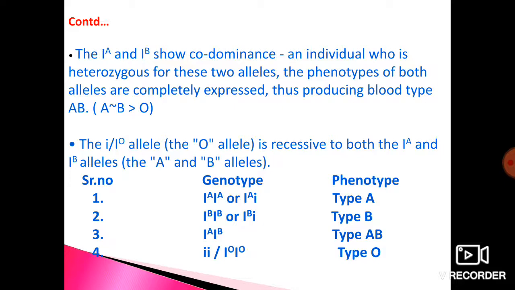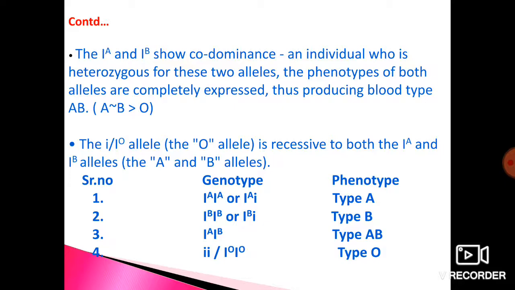But what about the last? The person who has no antigen, that means small i or the I with superscript O, cannot produce any protein on the surface of the red cell, and therefore such persons are said to be of type O. That means blood group O.